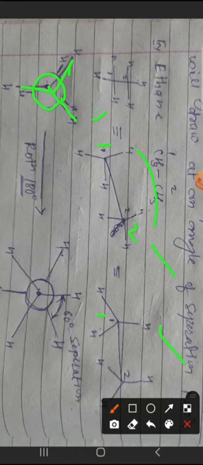And according to this Sawhorse model, every group of the front carbon and rear carbon is eclipsing each other, having dihedral angle 0.